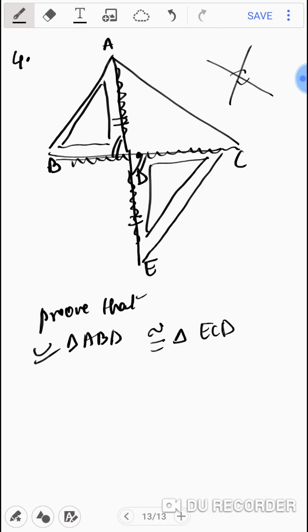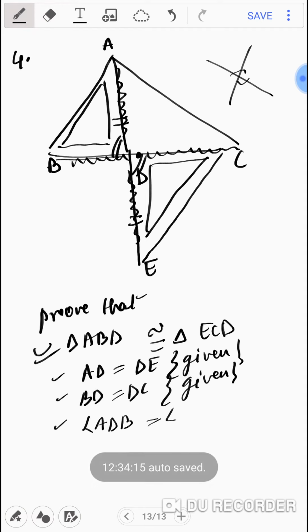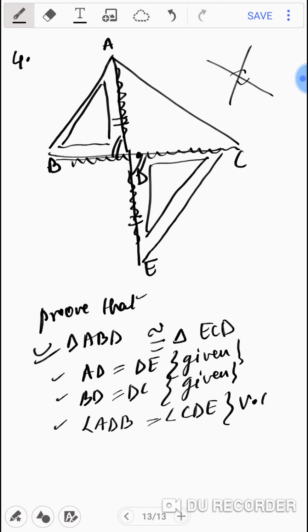So the three reasons, I'll write it here. AD is equal to DE, that's given. Second is BD is equal to DC, that is also given in the problem. Third is angle ADB is equal to angle CDE, vertically opposite angles.